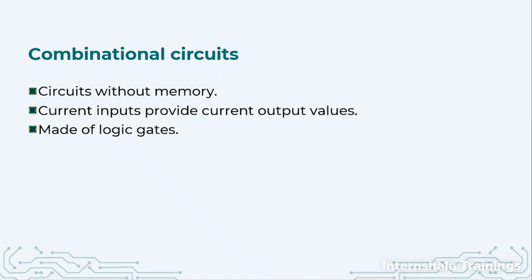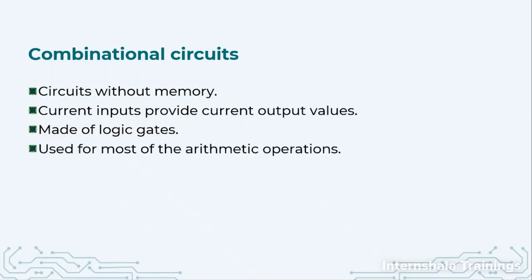We don't need more elements, we just need logic gates. And you know logic gates are AND gates, OR gates, NAND, NOT, NOR, exclusive OR, exclusive NOR, and there are many more. All of them we will be studying in this training program. These circuits and systems are mostly used to implement arithmetic operations.